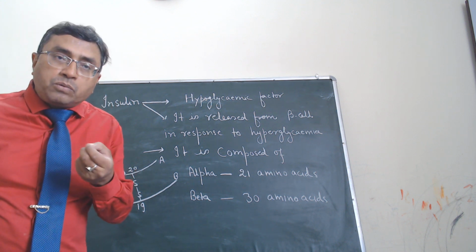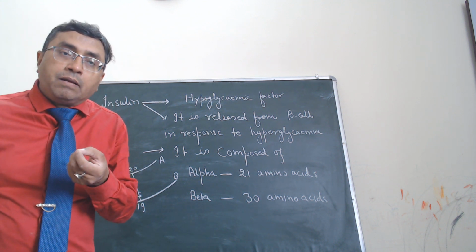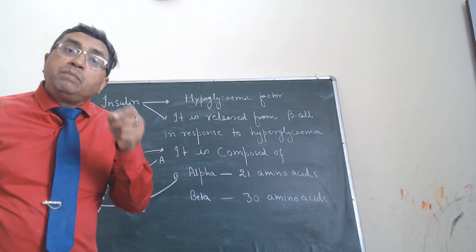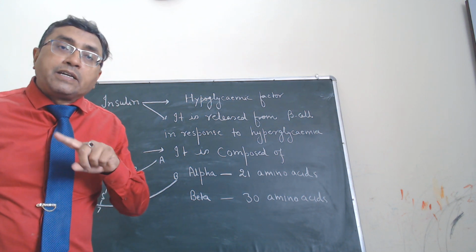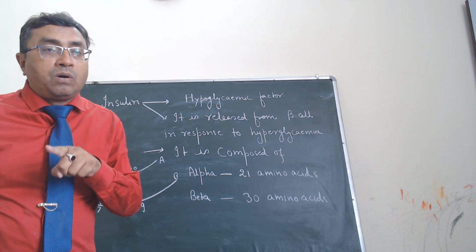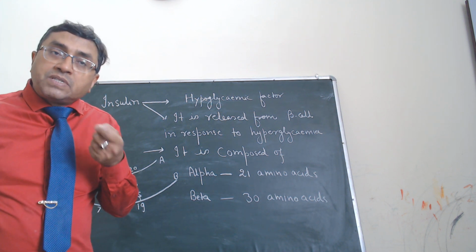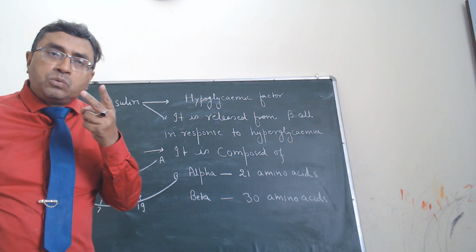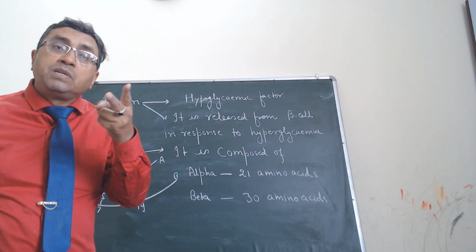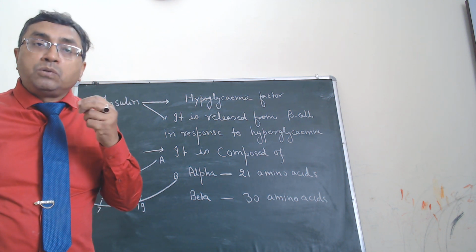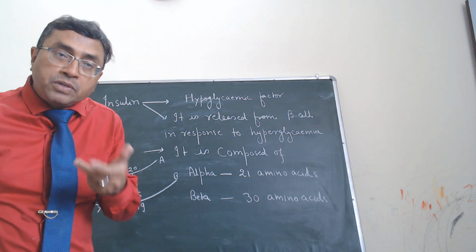When we talk about the immature insulin, an additional peptide, C peptide, is present that has to be removed by enzyme action. Trypsin and carboxypeptidase, these two enzymes are required to remove C peptide from immature insulin to form mature insulin.